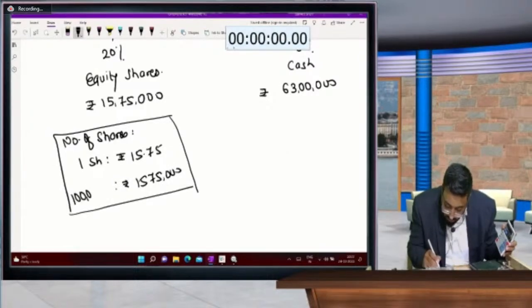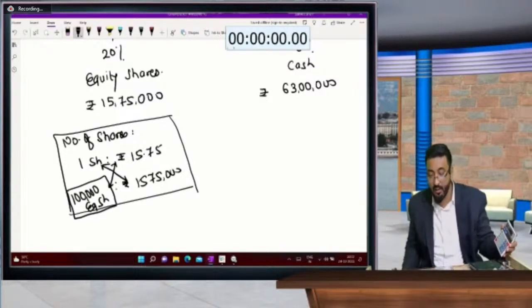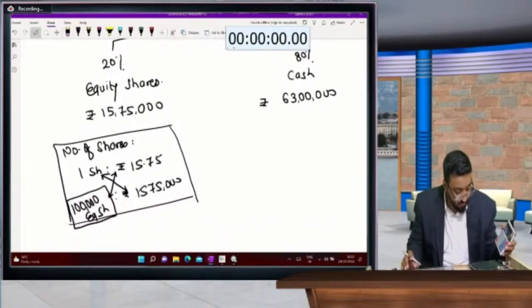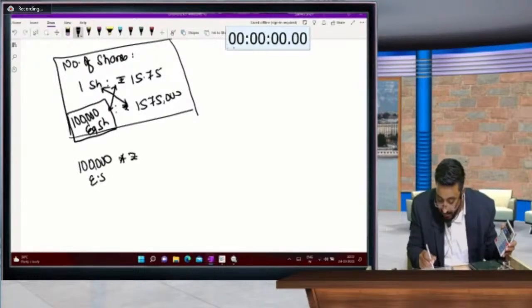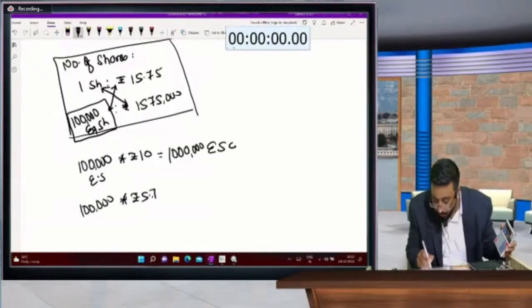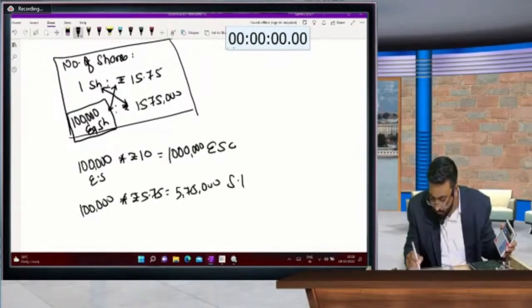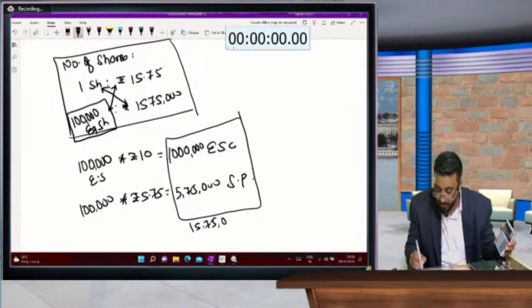So by cross multiplication, the number of shares is 1 lakh equity shares, and the remaining is cash. 1 lakh equity shares into rupees 10 will be equity share capital, that is 10 lakhs, and 1 lakh equity shares into 5.75, that is 5,75,000, will be securities premium. So this is the bifurcation of 15,75,000.